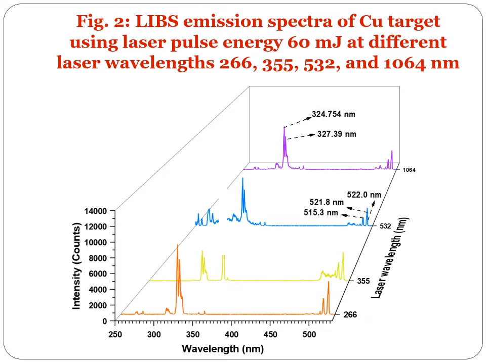Now for the determination of electron temperature and the effect of the wavelength of the ultrafast laser on the generated plasma, we have generated different plasmas using different wavelengths and the same laser energy of 60 millijoules. We have characterized the spectra for each wavelength, and we analyze all the observed results.